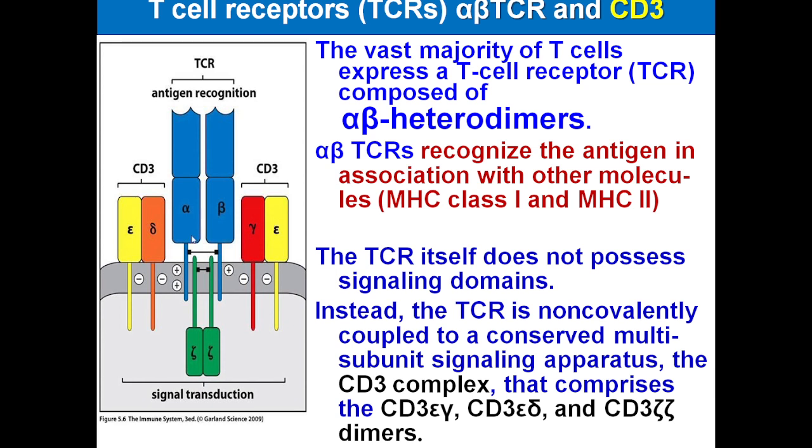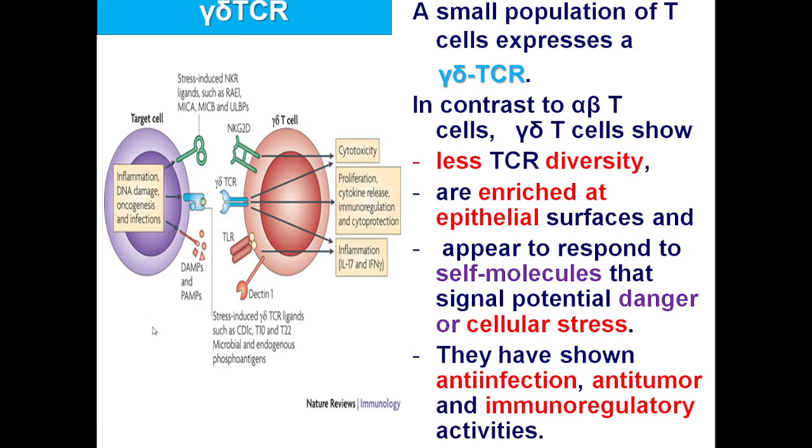CD3 molecules may be of the epsilon gamma, epsilon delta variants, and these molecules, which have transmembrane peptide fragments, activate a signaling pathway that changes the activity of the T cell, stimulating maturation and activation of the cell.